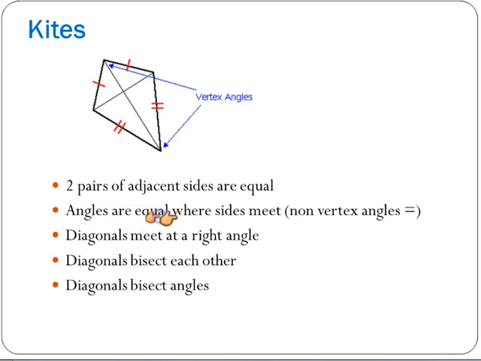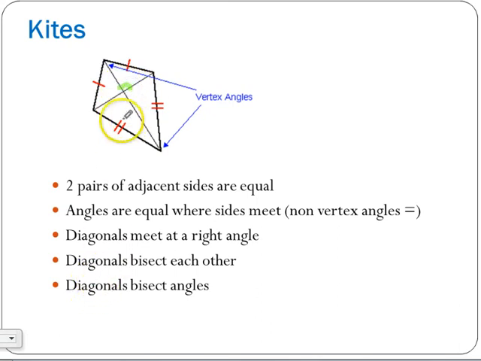The angles are equal where the sides meet, so the non-vertex angles are equal. So here, these two will be equal. And then the diagonals meet at right angles, so you can see where the diagonals meet. That forms the right angles.